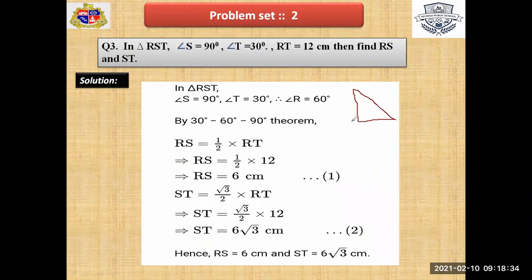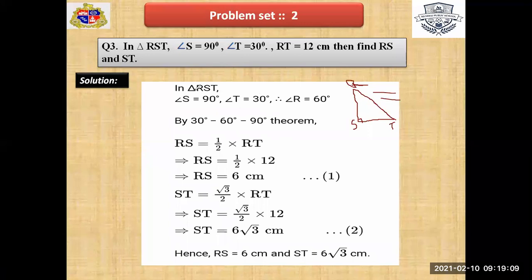Here is R, and this one is T. This one is given 90 degrees, and the angle T is 30 degrees. And RT is the hypotenuse, given as 12 centimeters.